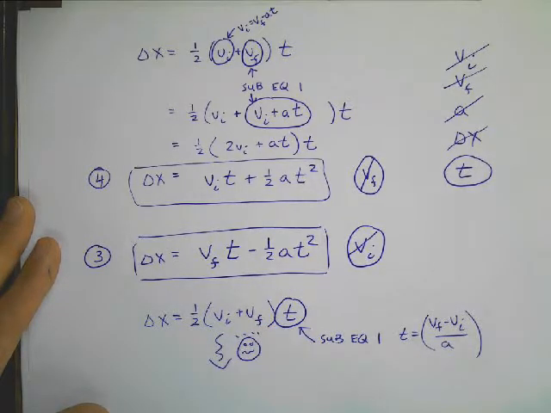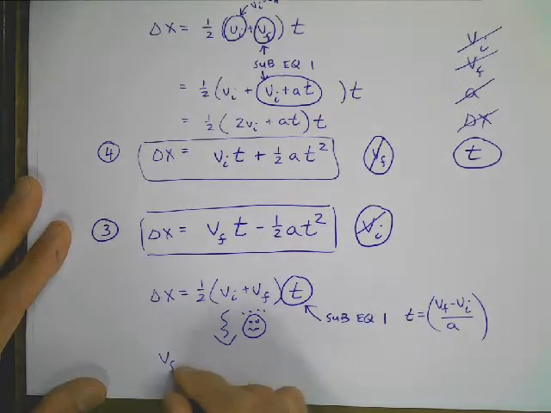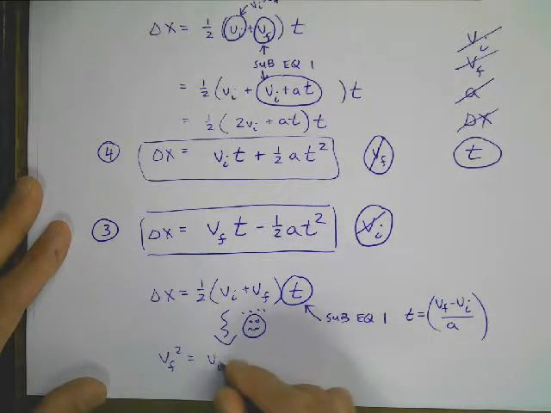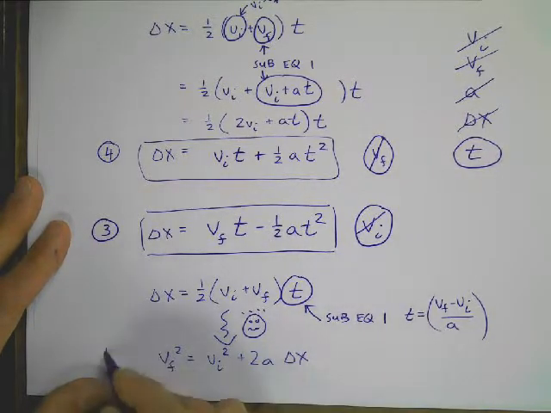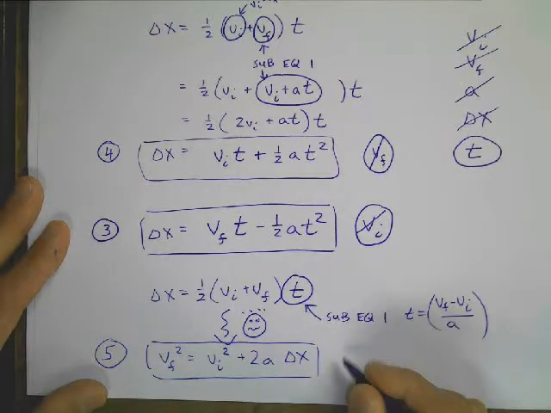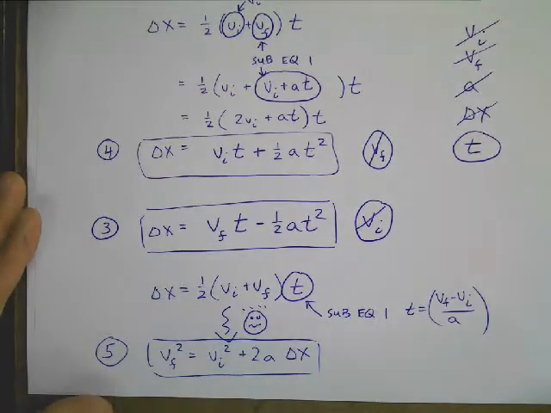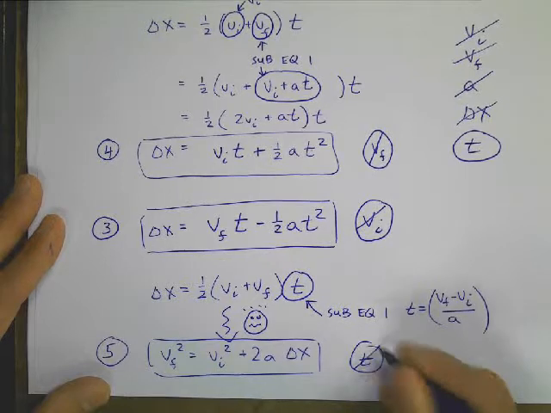And if you do it right, you're going to get this equation, which is equation number 5. This is a pretty well-known, famous equation that does not involve time at all. So this is your equation that doesn't have t in it.